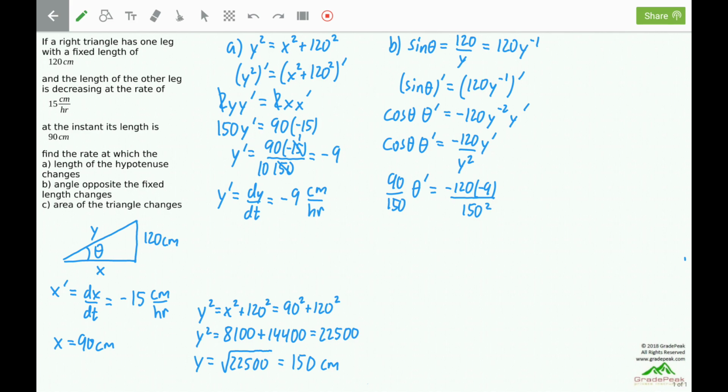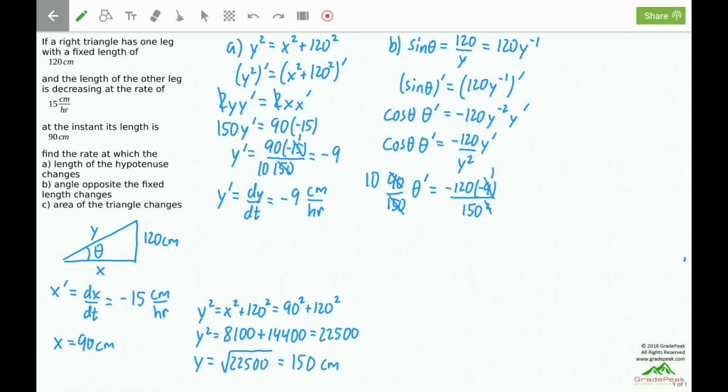We can start by canceling some things out on the left and right side. They have to be in the same position when you cancel left to right. So the 150 in the denominator on the left can cancel with one of the 150s in the denominator on the right. There's two of them because of the square. Also, we can cancel the 90 down on the left with the 9 on the right, leaving a 1 with the negative, and leaving a 10 over here.